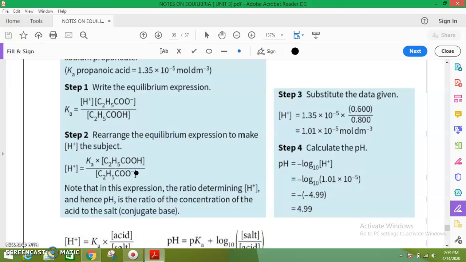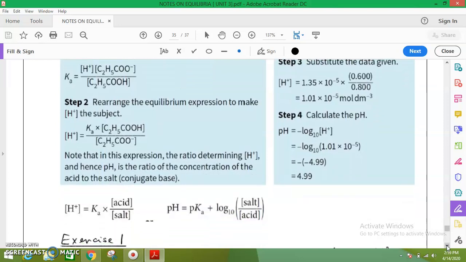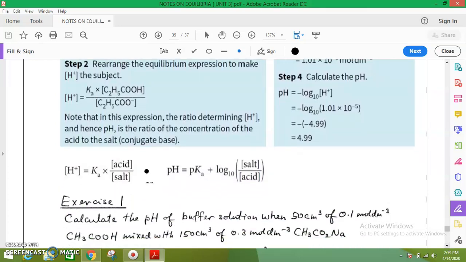Note that in this expression, the ratio determining hydrogen ion concentration, and hence pH, is the ratio of the concentration of the acid to the salt, the conjugate base, as we did before. I also wrote the equations here. These two formulas you need for calculation. First, if Ka is given, you find the hydrogen ion concentration, writing acid over salt.